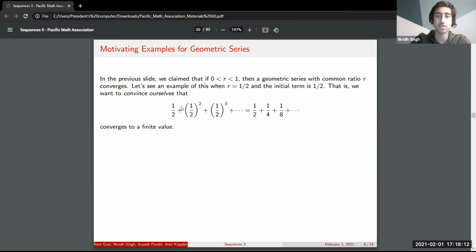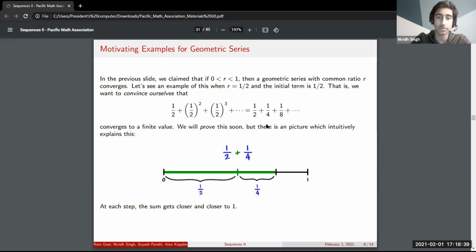We want to convince ourselves that 1/2 plus 1/2 squared plus 1/2 cubed, which is 1/2 plus 1/4 plus 1/8, and so on infinitely, converges to a finite value. Can we add all these things together and get a finite number?